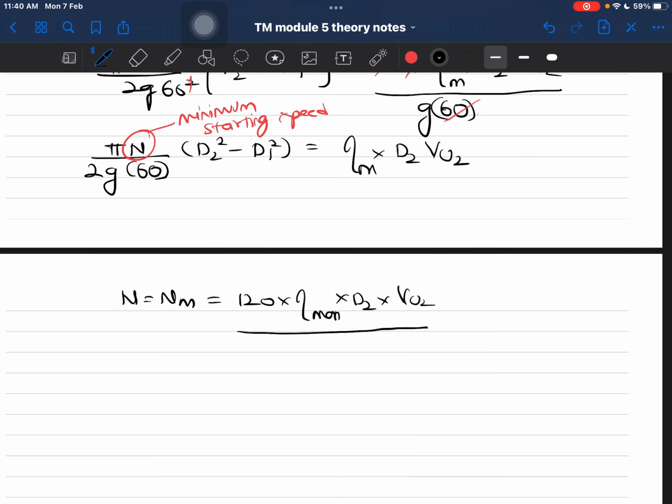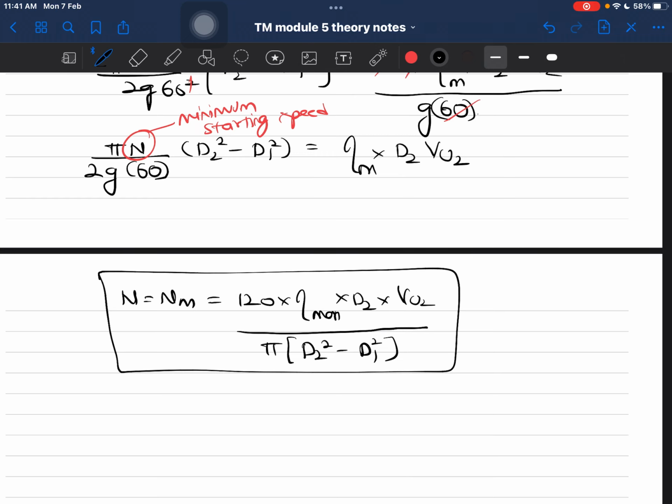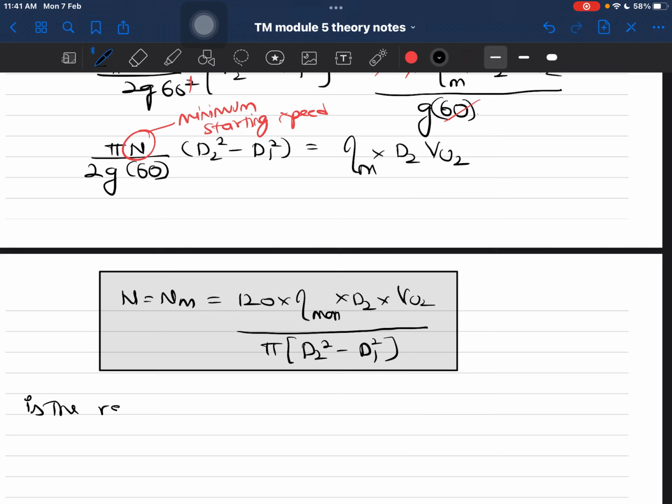In the denominator, you will have pi into (d2 square minus d1 square). So this is the required expression for the minimum starting speed of the pump.